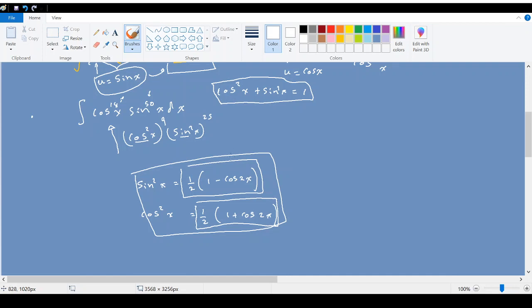And I think you got the idea from the previous video that I did. Now in the next video we will see that there is a similar method when we have tangent and secant powers.